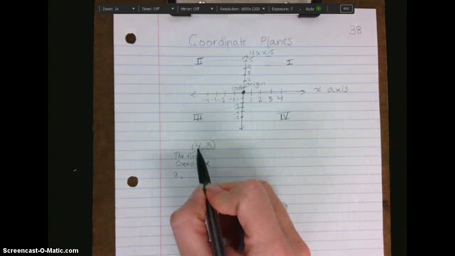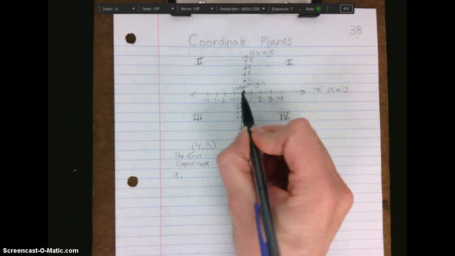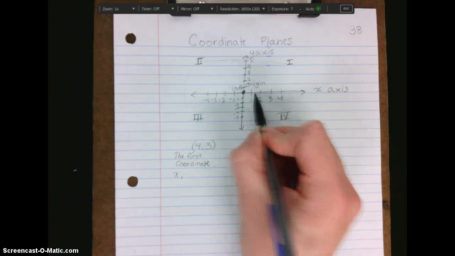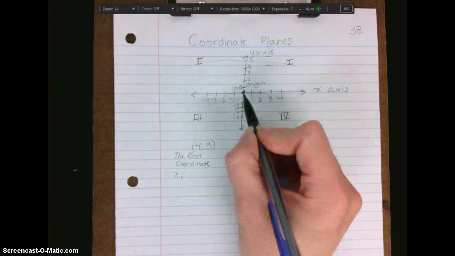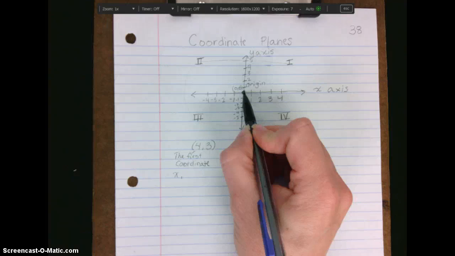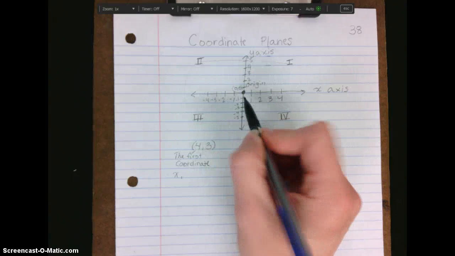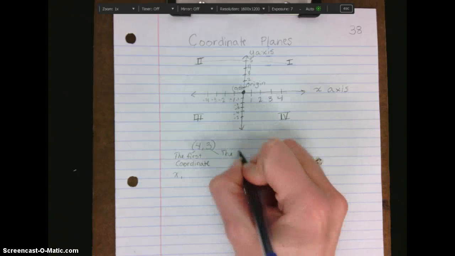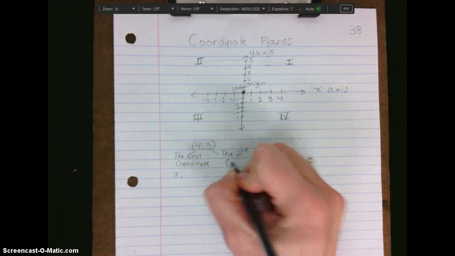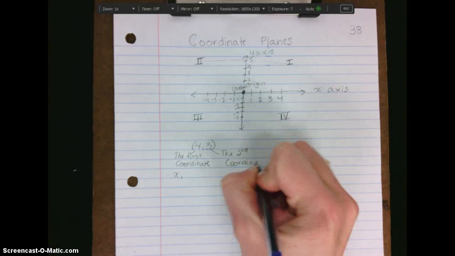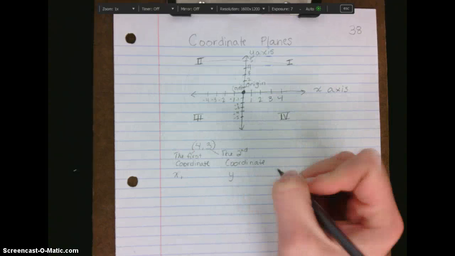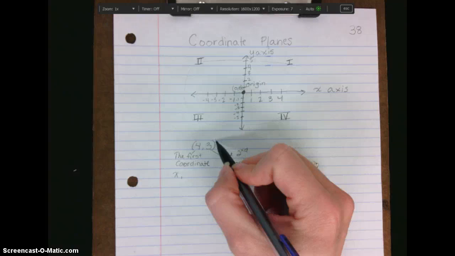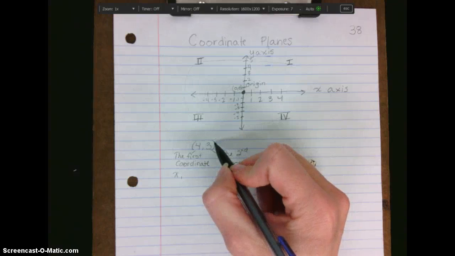If it's a positive number, it means we go to the origin and then we move to the right that number of spaces. If it were a negative number, we would go to the origin and then move to the left that number of spaces. The second number is known as the second coordinate, or the y coordinate, because the second number tells us where to move along the y-axis.